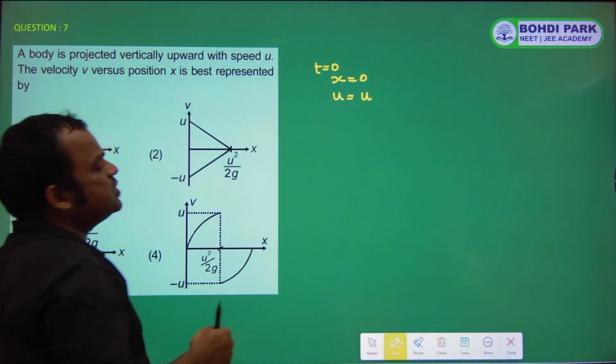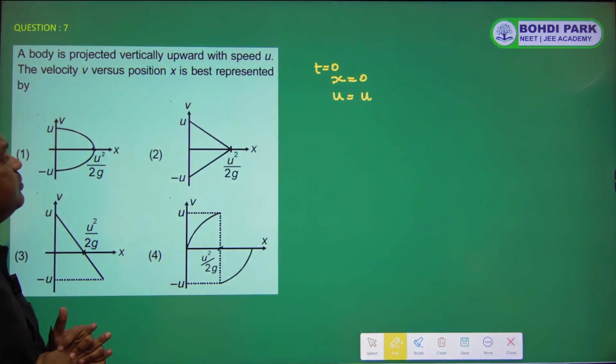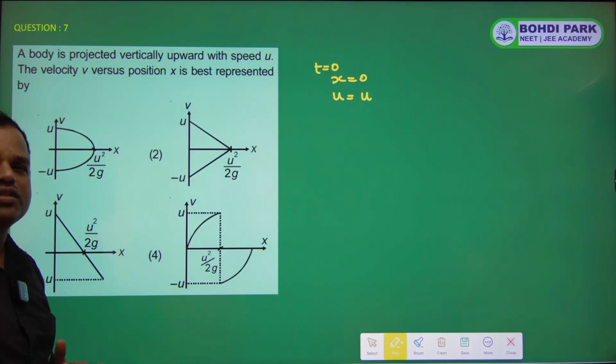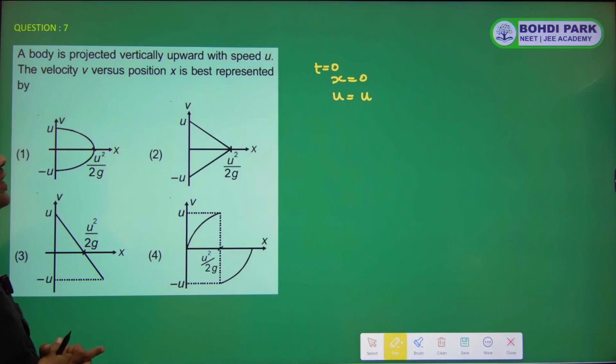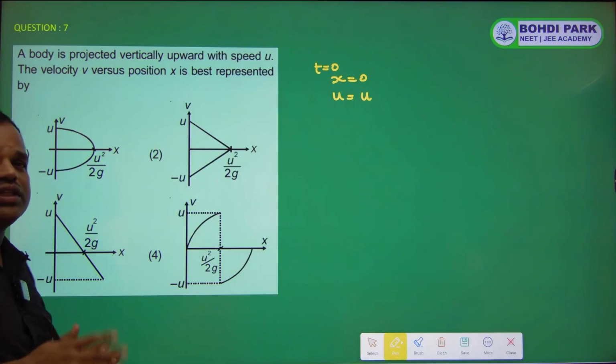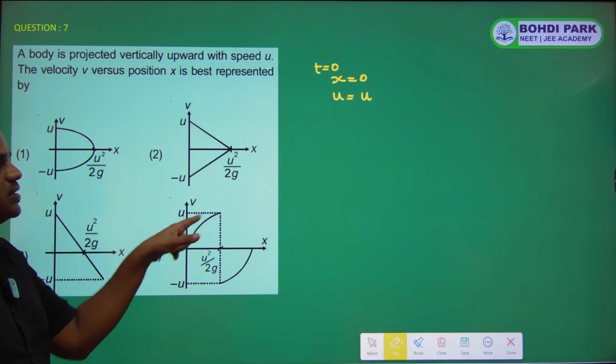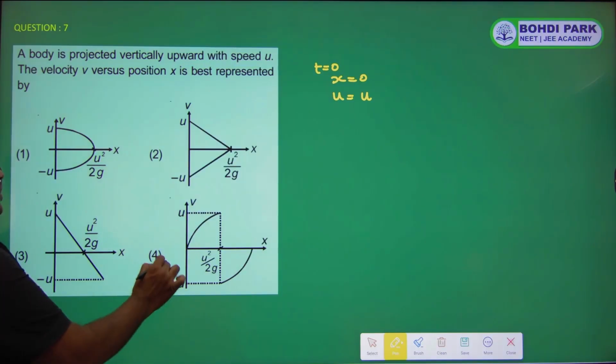So initial velocity is not 0 when time is 0, and it is going up, so velocity is positive and decreasing. So in first, second and third graph, velocity is decreasing, but in fourth graph velocity is increasing. So fourth is clearly wrong.